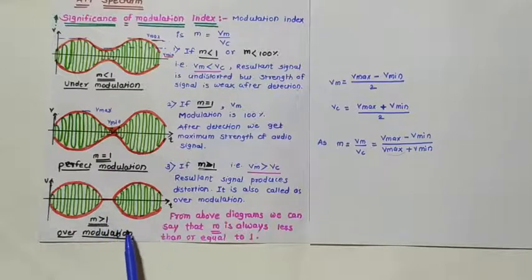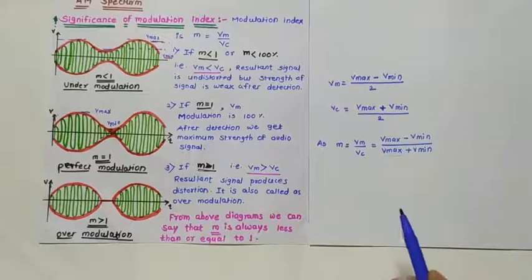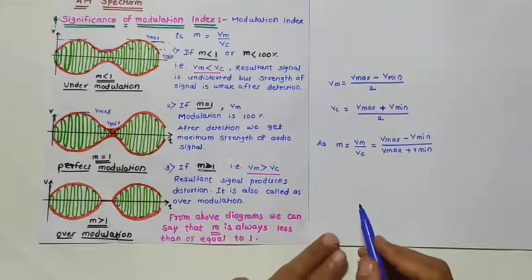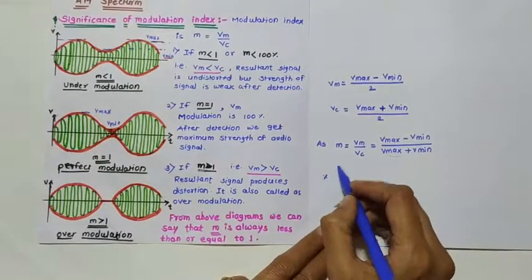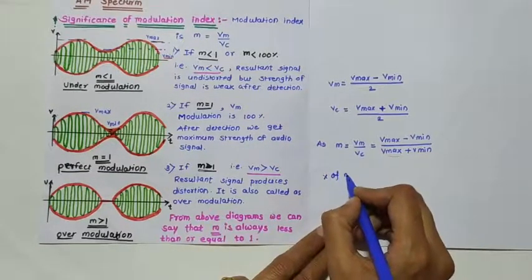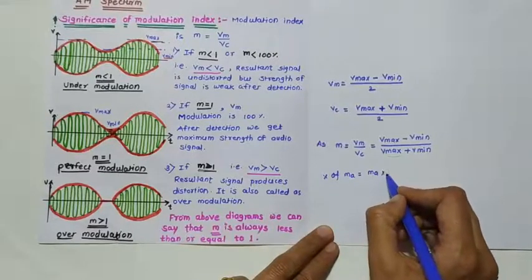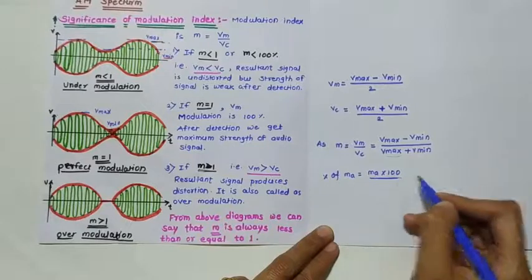Therefore this is not allowed, an undesirable modulation, called overmodulation. This modulation index is also called modulation factor or degree of modulation. And if we have to find the percentage of modulation, then the modulation index multiplied by 100 gives the percentage of modulation.